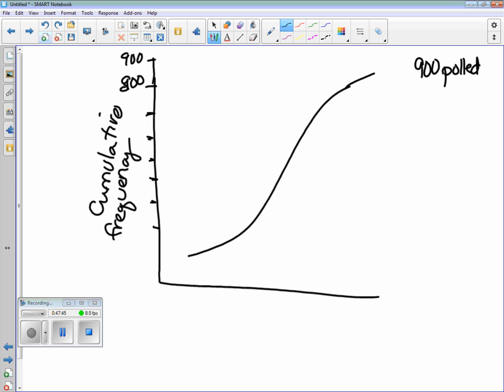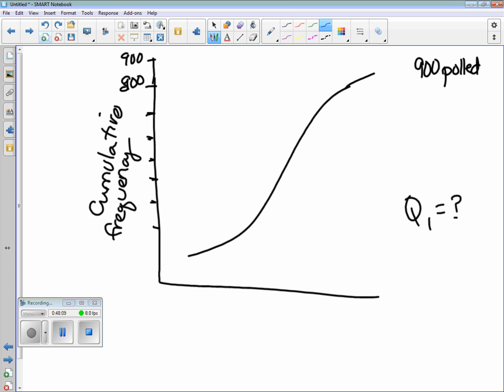If I asked you, for example, what was the first quartile, what would you do? The problem is I don't have percent here. If I did, I would just go up to 25%.